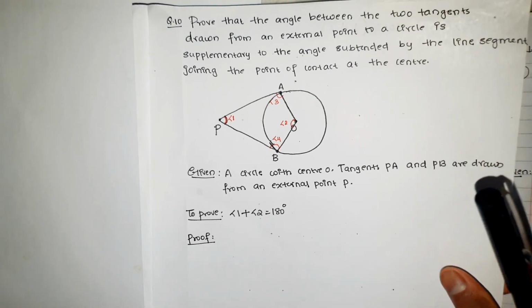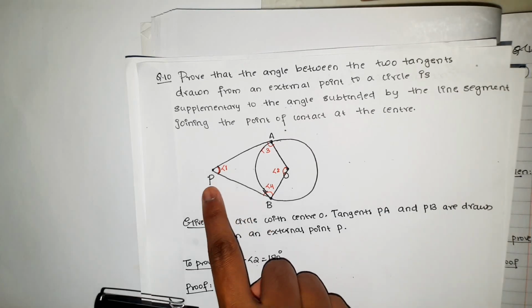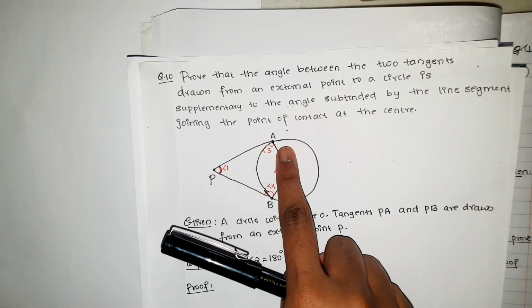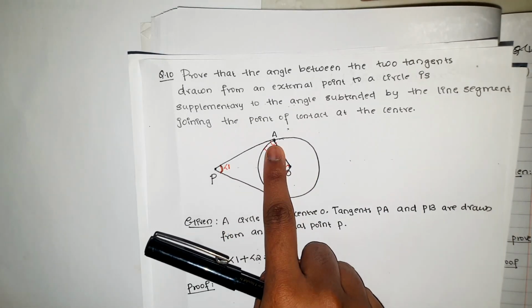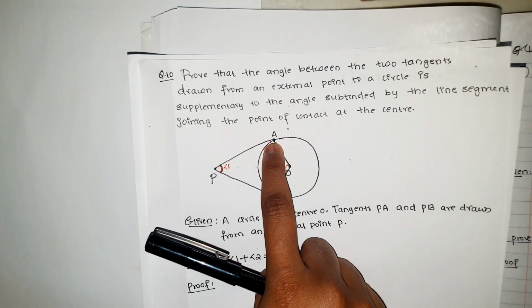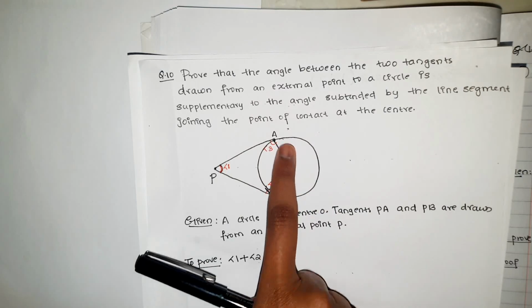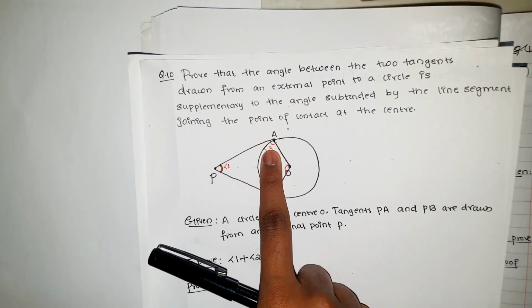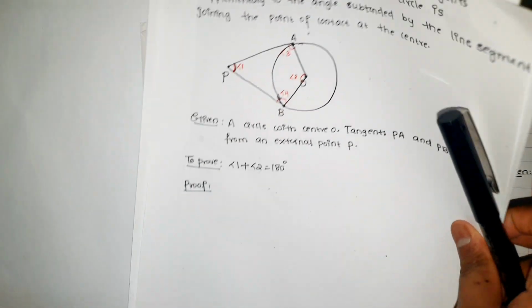Okay, so here PA is a tangent and OA is a radius. So this angle is equal to 90 degree. That is OA is perpendicular to PA by theorem 10.1.